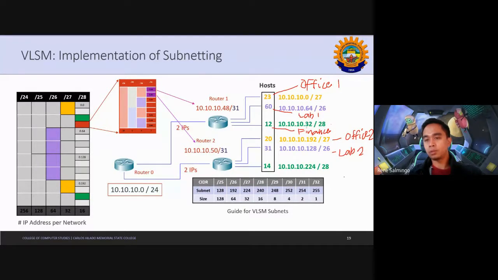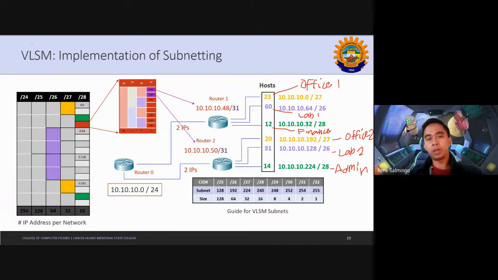And this one, you have 14 computers to be allocated, let's say, administration. So you have 14 computers to be allocated in that IP address.